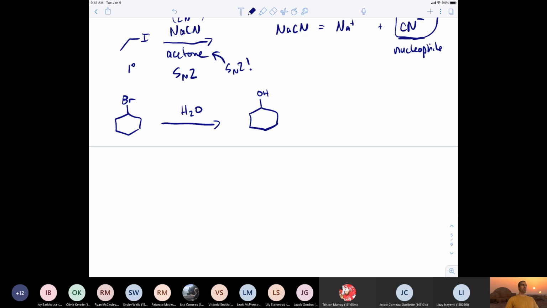Which alkyl halide is this? Primary, secondary, or tertiary? Yeah, this one is secondary. So secondary, SN2 or SN1? It's one that can go either way. So we need to look and see what else we have going on in our situation here.